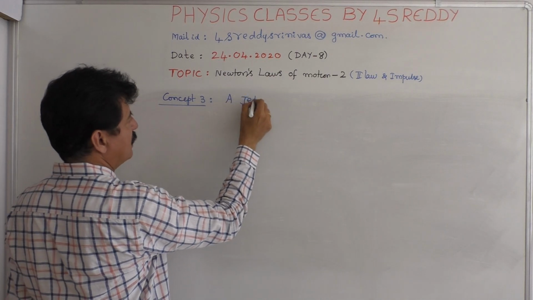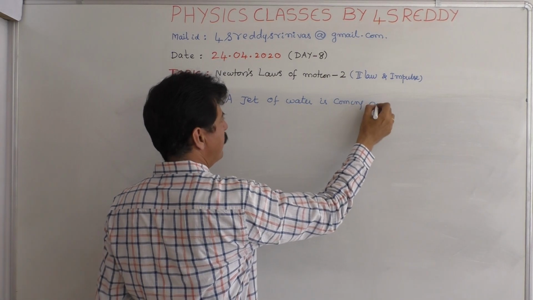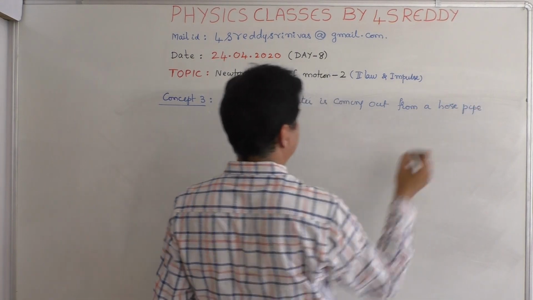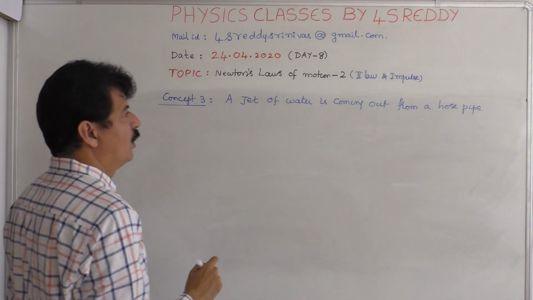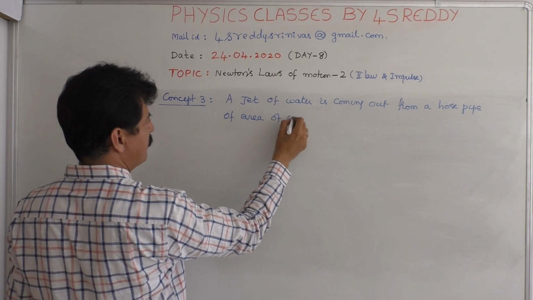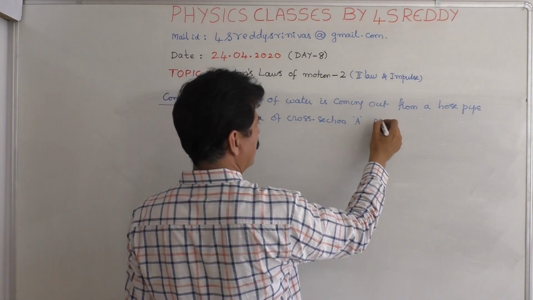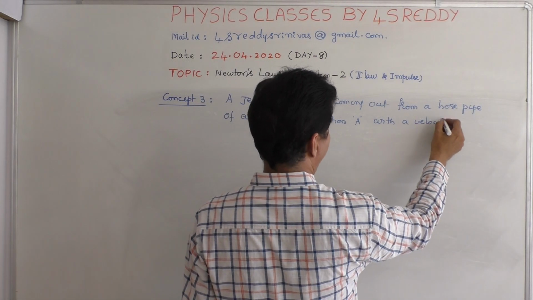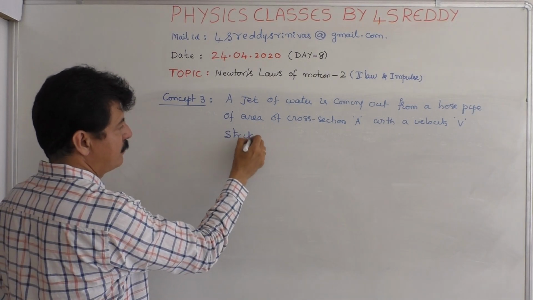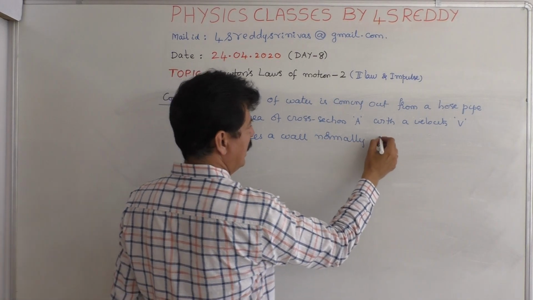A jet of water is coming out from a hose pipe of area of cross section capital A, with a velocity v, strikes a wall normally and falls dead.